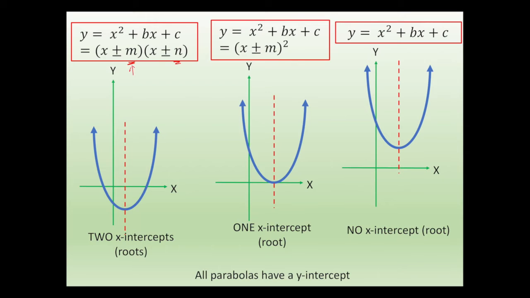So the root form gives you the two intercepts. If it is a perfect square, there's one intercept. And if you cannot factorize it into either the perfect square form or the (x + m)(x + n) form, there's no root or no x-intercept.